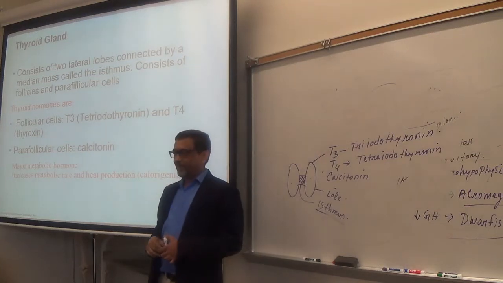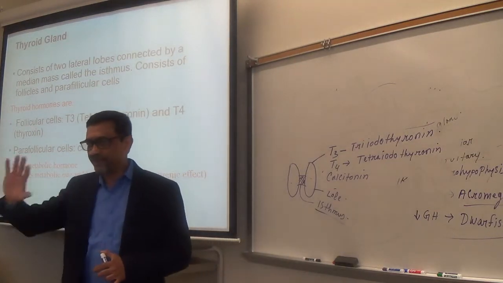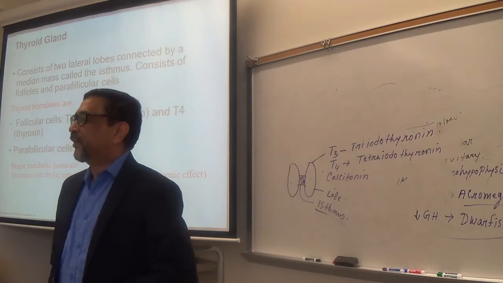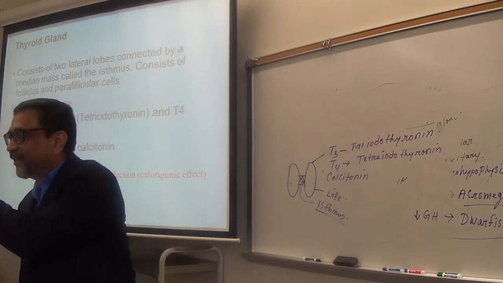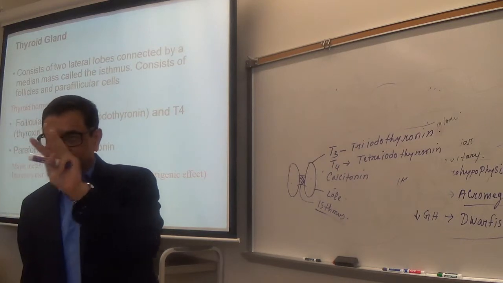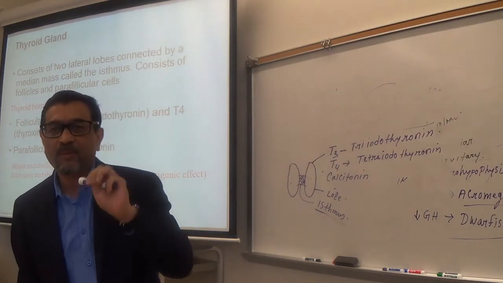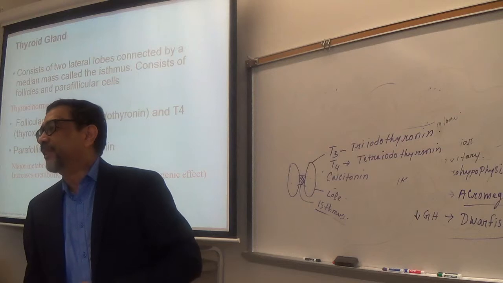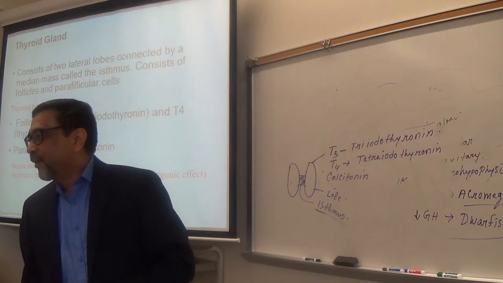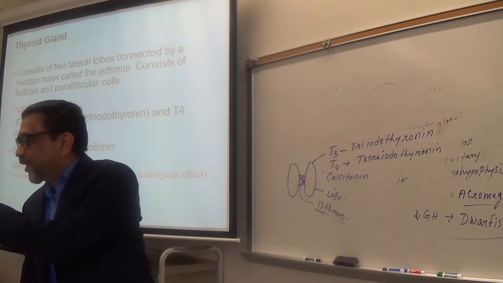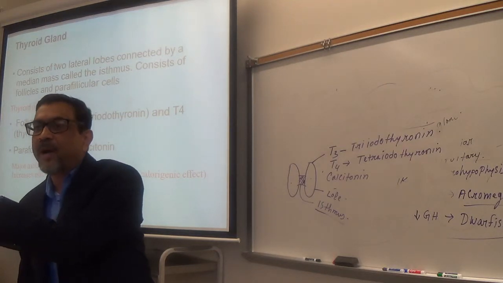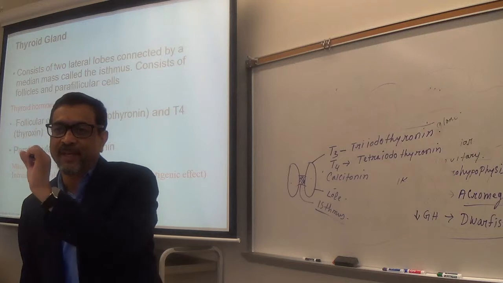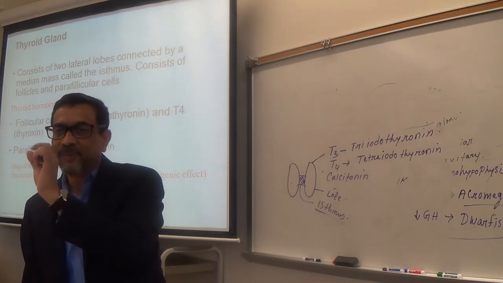Now you tell me, this is just common sense. Triiodothyronine, that's why it is called T3, right? Tri means 3. Tetra means 4. So T3 and T4. Now, from the name, in T3 hormone, how many iodine is there? 3.